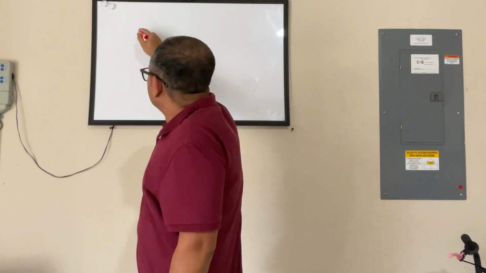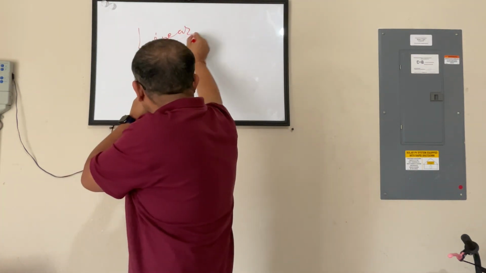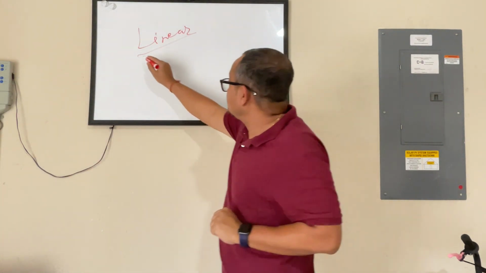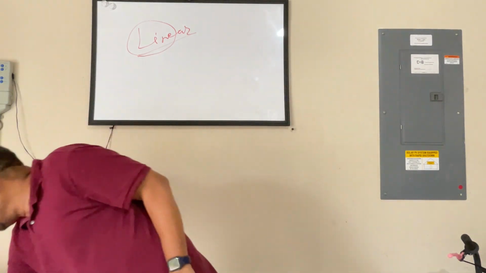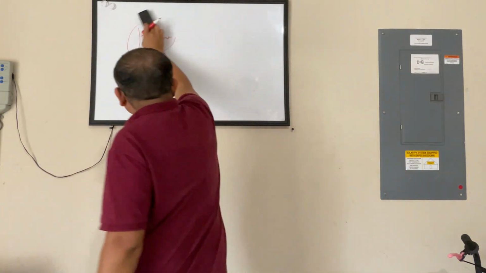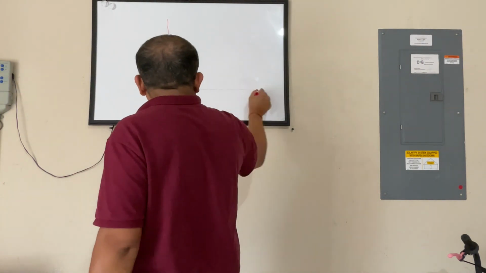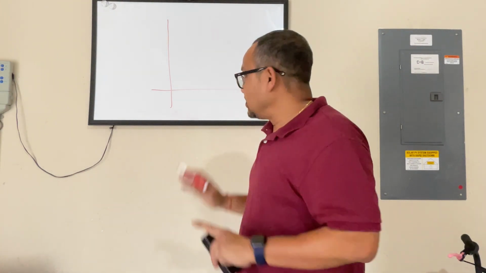Did I mention a linear equation helps you plot a line? Yeah, because a line is there inside the linear equation. So if you pick up any linear equation and you try plotting it on graph paper, it will always be a line.